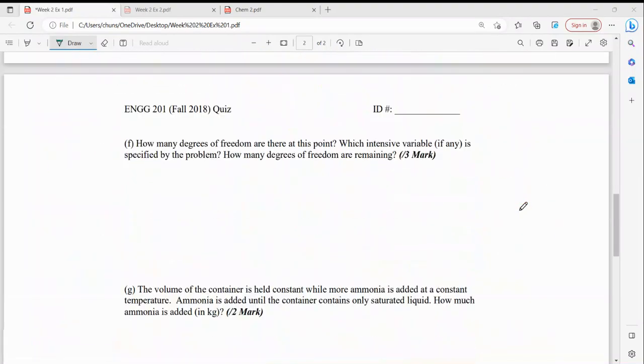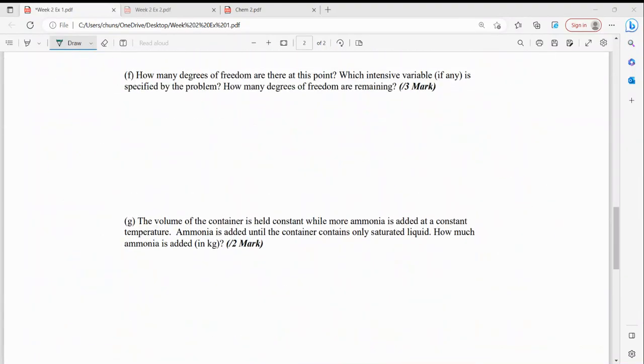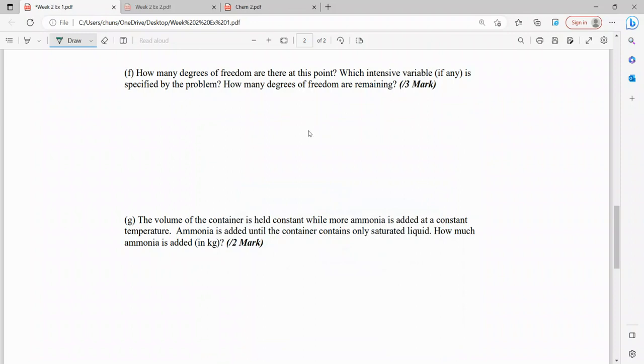If we just start with our basics for F, degrees of freedom is equal to components plus 2 minus phases. It's a pure component diagram, so there's one component present, plus 2, minus our phases, which is liquid and vapor, so that is 2. So that gives us 1.